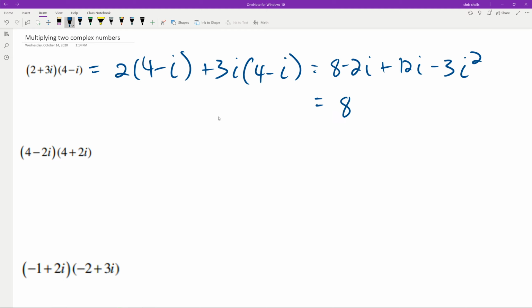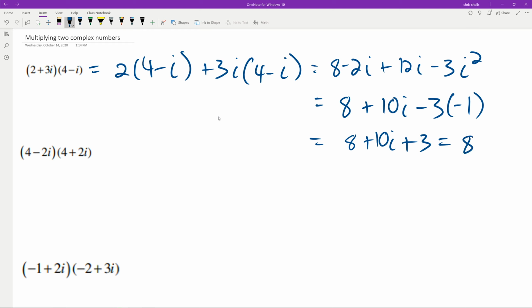This is 8, negative 2i plus 12i is plus 10i. Then this is minus 3 times i squared, and i squared is negative 1, like we just discussed. This is 8 plus 10i plus 3, so 8 plus 3 is 11. This is 11 plus 10i.